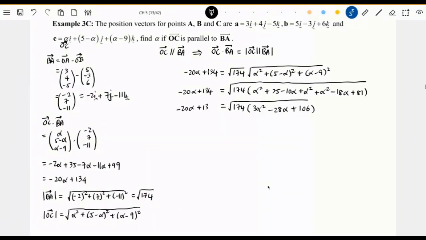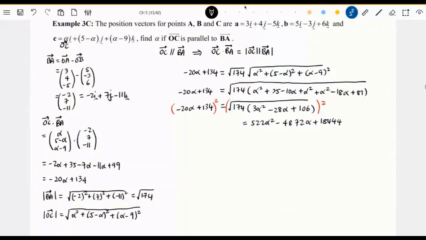Okay. So at this moment, I would like to get rid of the square root. So untuk get rid square root, we have to square both sides. Okay. So sebelah kanan, dia akan jadi 522 alpha square by bringing 174 into the 3. And then we're going to have 4872 alpha plus 18444.